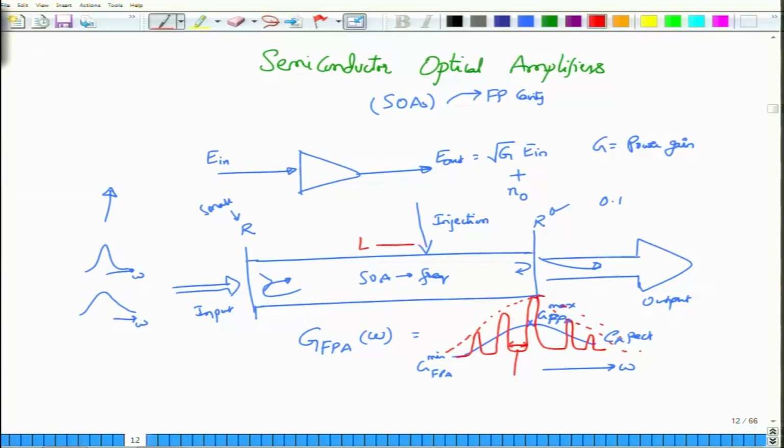So, if you assume that the cavity has a certain length L, then the spacing between these two peaks is about C by nL or maybe C by 2nL. Okay. You can fit a half length or something, and the idea is essentially the same. So, you have a cavity which would serve to have standing modes rather than travelling modes. Only certain standing modes that satisfy the boundary conditions will be sustained by the cavity.